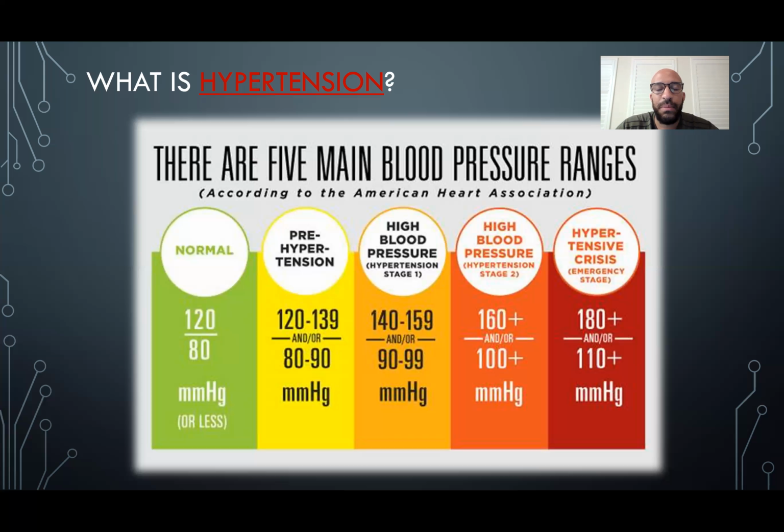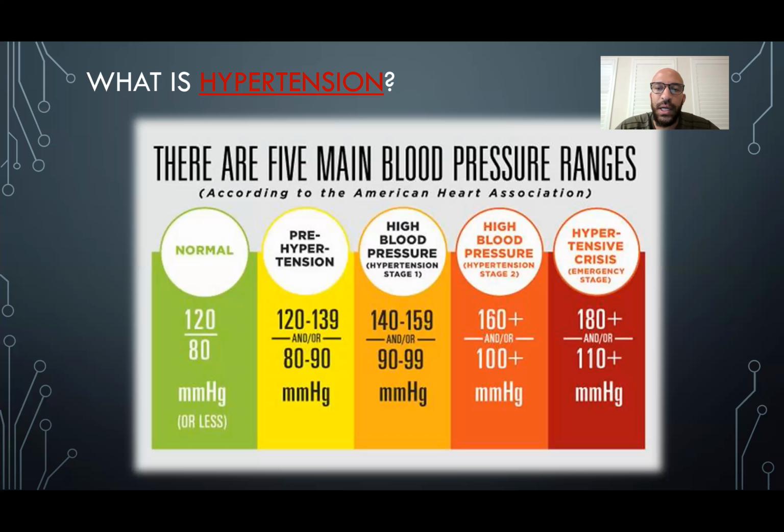If you find that their blood pressures are consistently in the high blood pressure or orange column, or the high blood pressure red column, then you should notify the doctor or the nurse, because this is an issue and needs to be resolved. So the last column on this chart would be our hypertensive crisis emergency stage. And as we can see, the blood pressures here are extremely high, 180 plus over 110 plus.